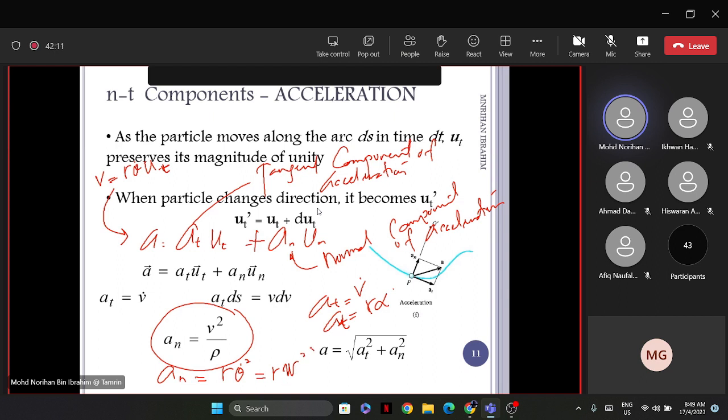So for normal accelerations, we can use either AN is equal to R omega square, or AN is equal to V square divided by rho. Rho is the radius of curvature. And again, in order to obtain the magnitude of accelerations, we need to apply the Pythagoras theorem as well.